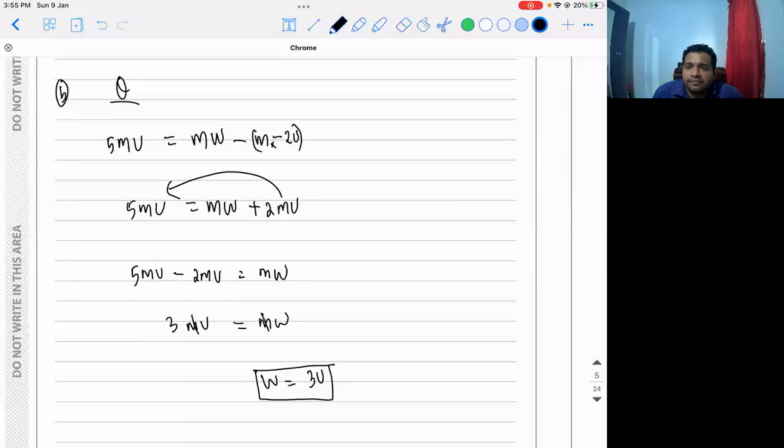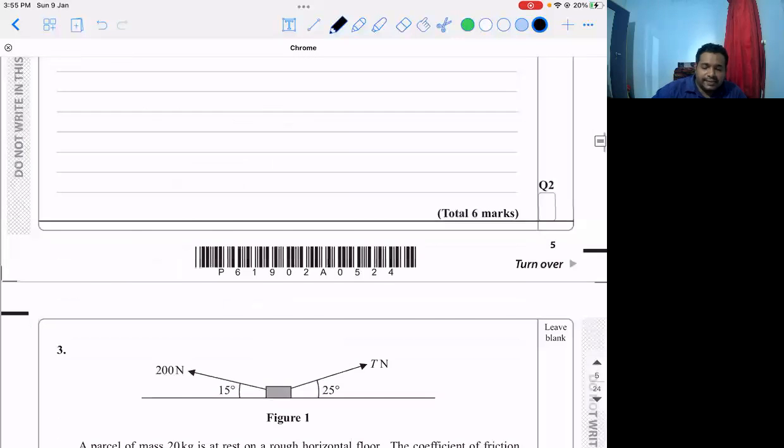You can use that as well. CLM, conservation of linear momentum. Okay, so W is equal to 3U. Did we get it? Can I move to the next question? So we did 2 questions. Well, go to third question.